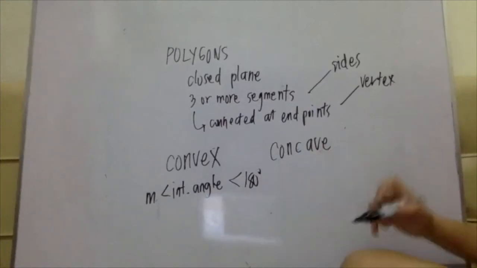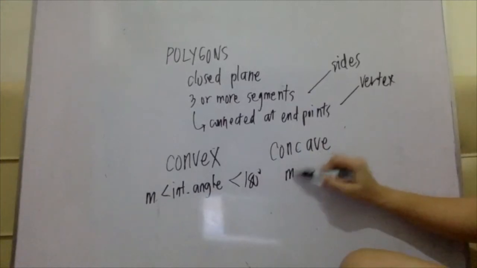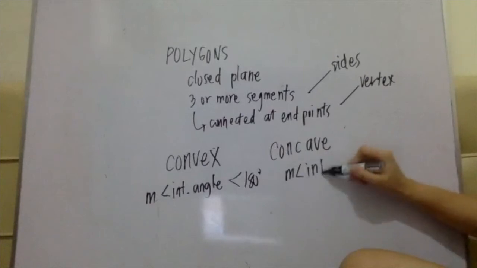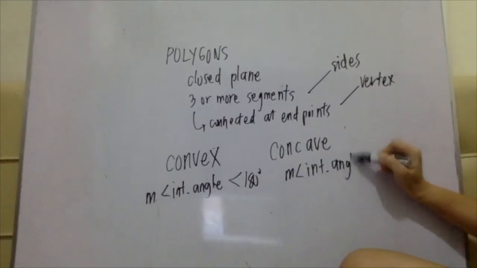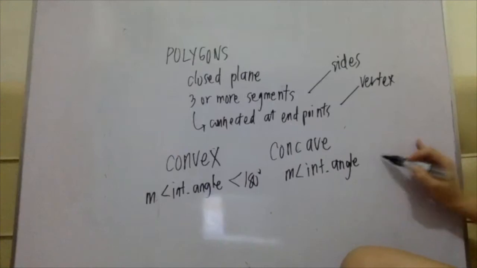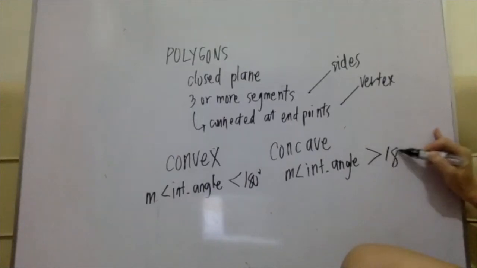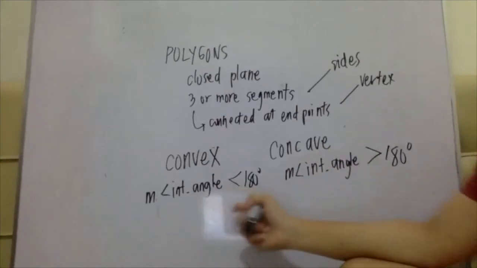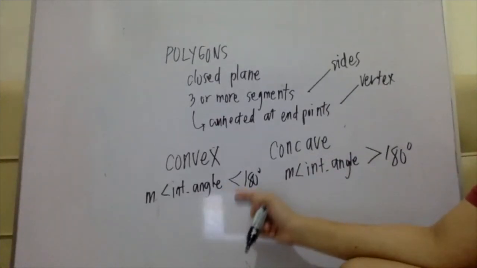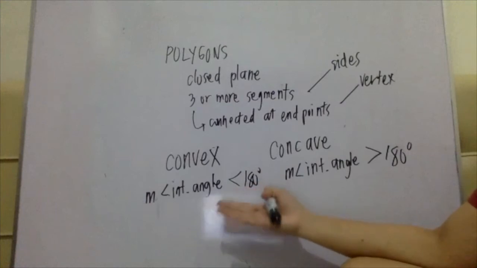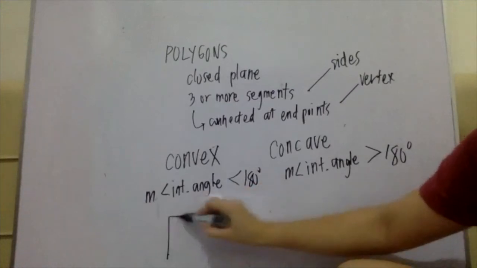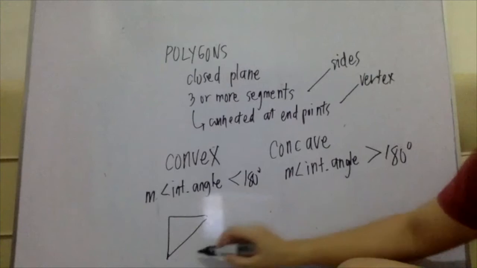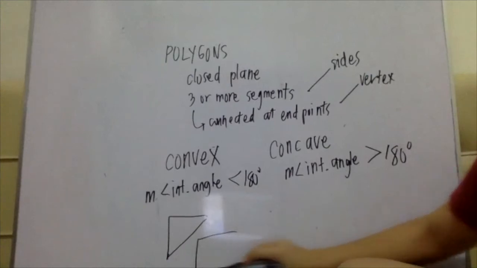Okay? Kapag concave naman, may at least one interior angle ka na ang measure niya is greater than 180 degrees. Okay? So dito, lahat dapat ng interior angles is less than 180 degrees. So yun yung mga usual shapes natin, like triangle, itong mga quadrilateral.